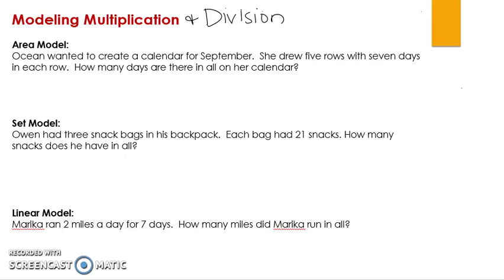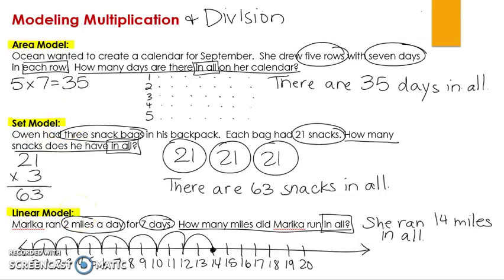There are 3 different models for multiplication: the area model, the set model, and the linear model. Here you can see I've solved each of the problems using the models that are best. For example, in the first one about Ocean and her drawing 5 rows with 7 days in each row, that's 5 times 7 equals 35. And I used an array or an area model to do that.